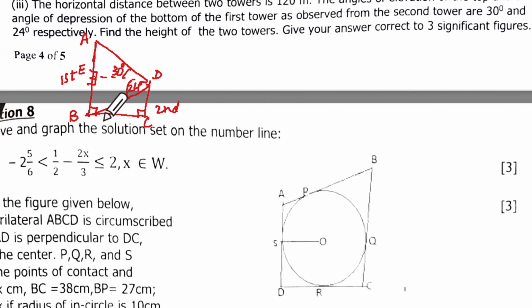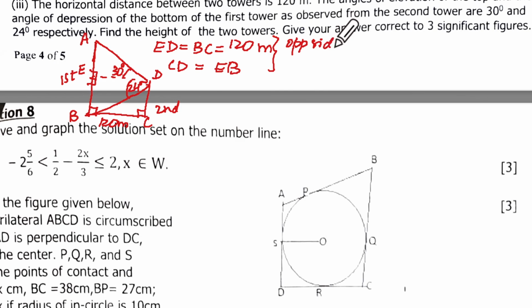The horizontal distance is 120 meters, which means ED will be equal to BC, which will be equal to 120 meters. And also CD will be equal to EB, because opposite sides of a rectangle are equal.